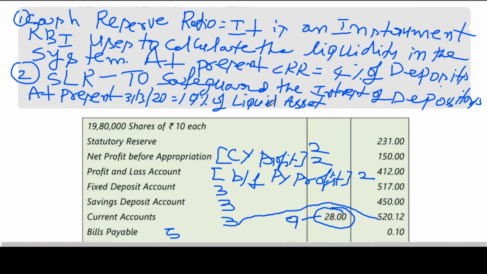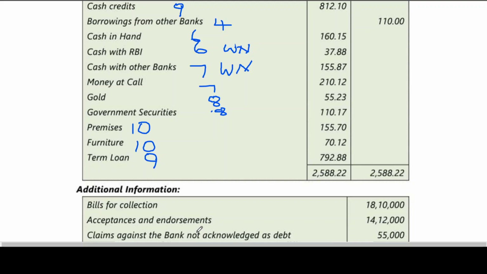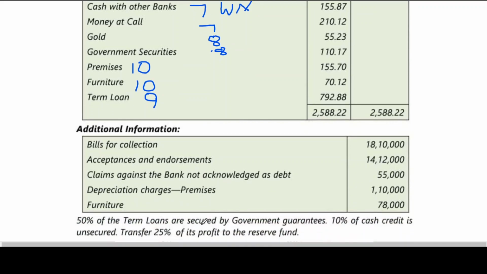Net profit before appropriation, Schedule 2. I told you net profit before appropriation means they have already prepared the total of income minus total of expenditure. You got current year profit excluding statutory reserve. P&L account, fixed deposit account, savings deposit. I think you can go through this. Then bills for collection. Bills for collection will be taken.